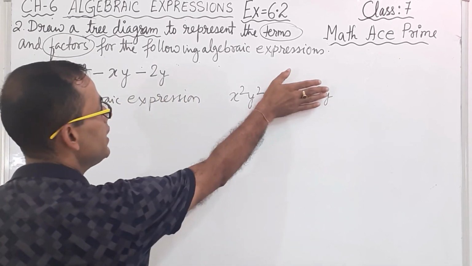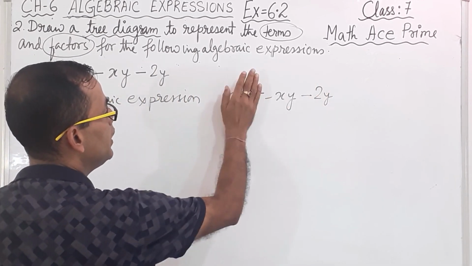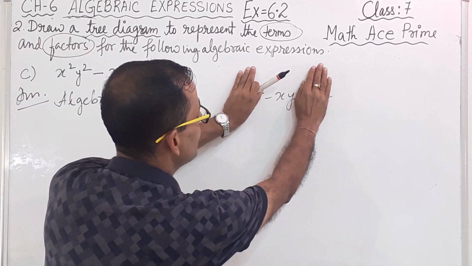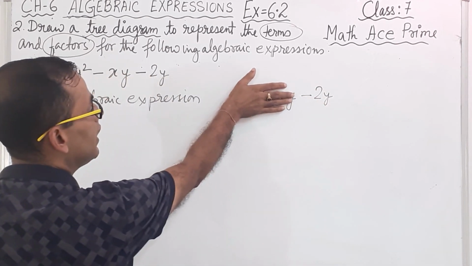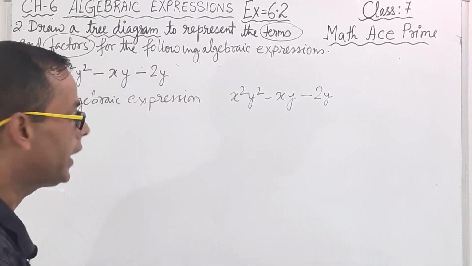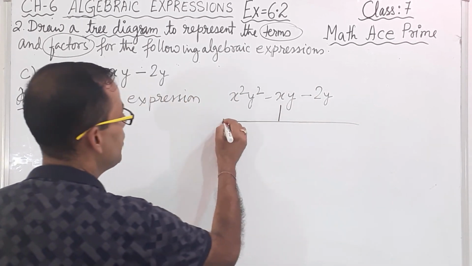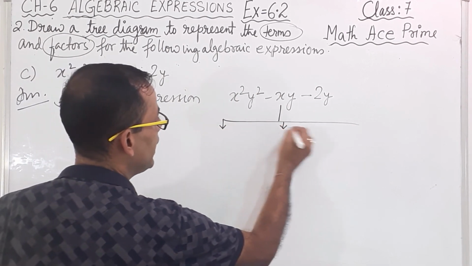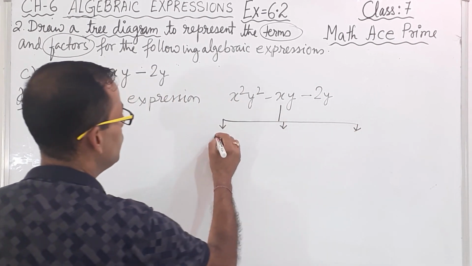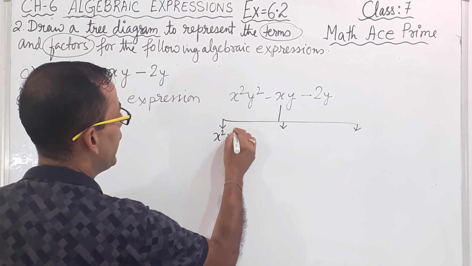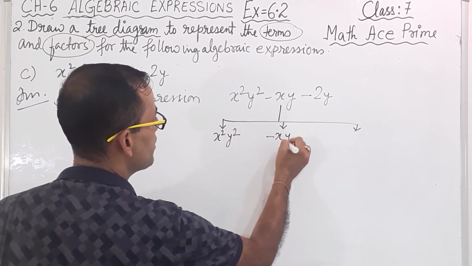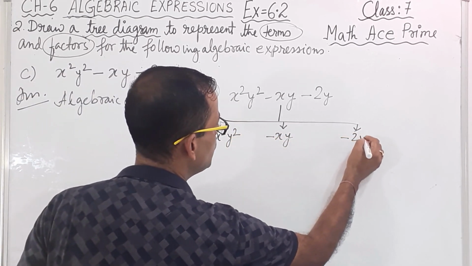So you can see this is one term. Then next one, if you close it, this is the second term, and then the last one is minus 2y. So 3 terms are there. So now these 3 terms I can write like this way. X square y square, and this is minus xy, and this is minus 2y.